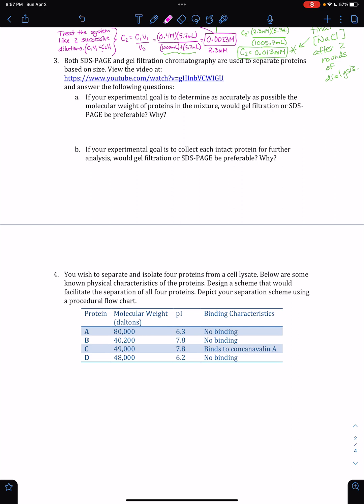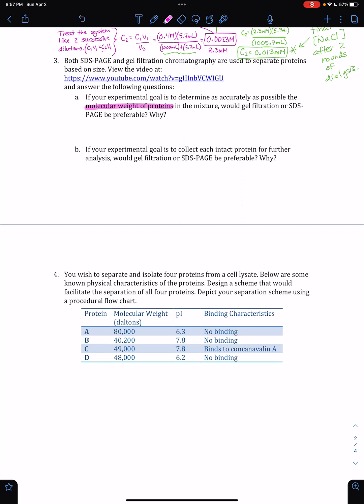So the first question is, if your goal is to determine as accurately as possible the molecular weight of the proteins, would gel filtration or SDS-PAGE be preferable, and why? It's good to think about the purpose of each of these two techniques.